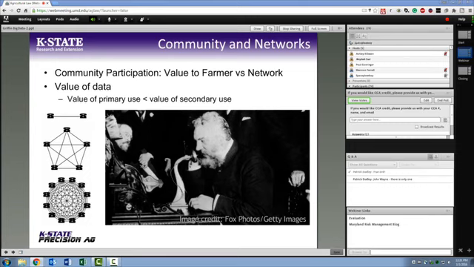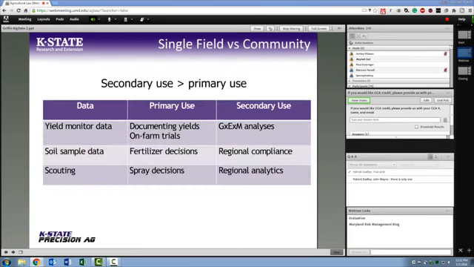The next time we visit Amazon.com, they tell us things that they think we want to buy, and I can tell you that I listen to the recommendations and sometimes buy what they say I want. To Amazon.com, the value of that secondary use of data is higher than the primary use of that data. And in agriculture, I would argue it's the same way.